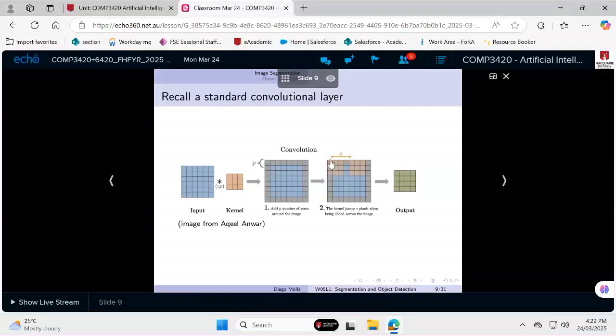And then apply the kernel, the convolution, and slide it through. And every application of the kernel generates one value on the output feature space. And in this case, it is 6 times 6 with the padding.